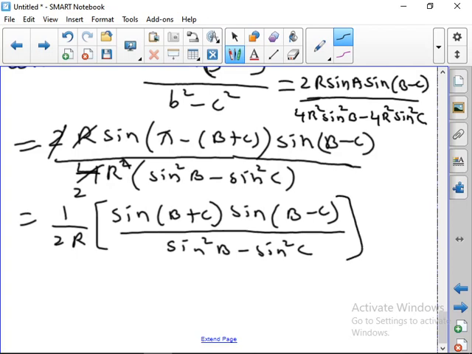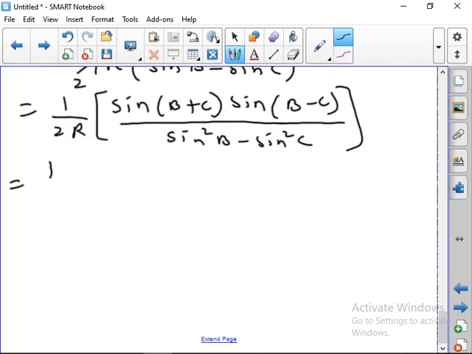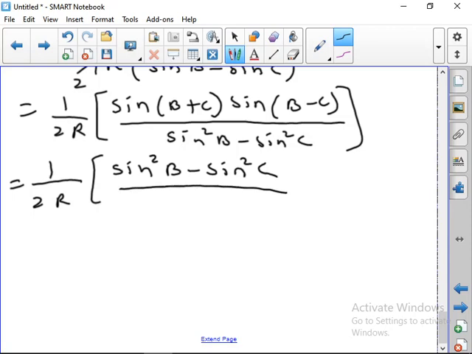Now what about the numerator? As we have already used from exercise 3.4, we can write the numerator as sin square B minus sin square C. And the denominator is also sin square B minus sin square C. Both will get cancelled, so it is equal to 1 by 2R.